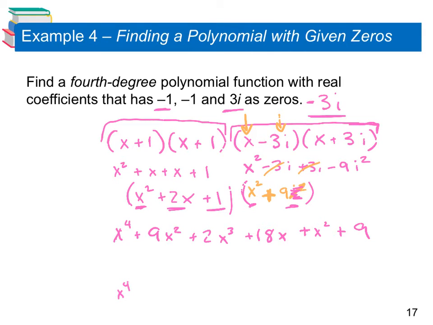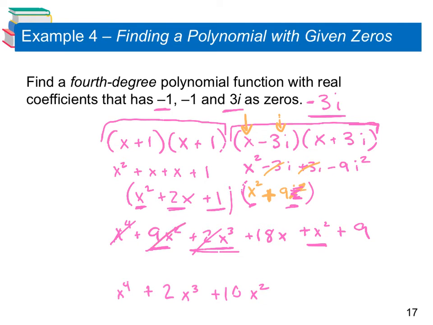Now we combine our like terms. So we have x to the 4th. Our next term is x cubed, and we only have one of those, so 2x cubed. Now we have x squared terms, so we're adding 9x squared and x squared. So that would give us 10x squared.